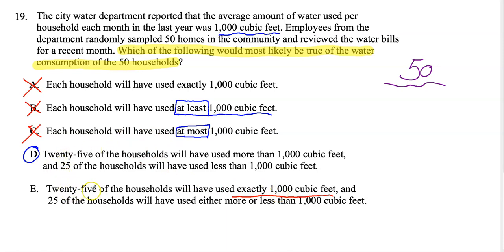It would be very rare to have 25 people using the exact same amount of water. That just wouldn't make sense. When you go out into the real world, everyone's using a little bit different amount of water, and that's why E is gone.